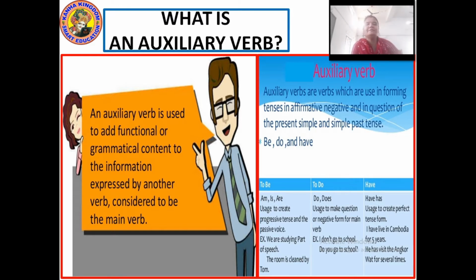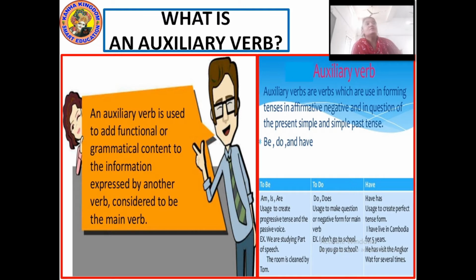To understand more easily, they are also called helping verbs, like is, am, are, was, were, and many more. There are more than 23 auxiliary verbs.